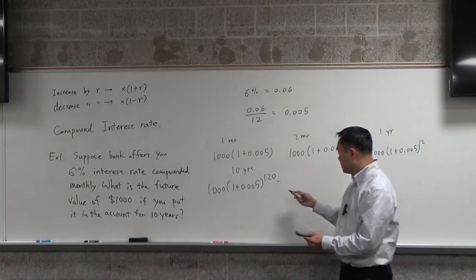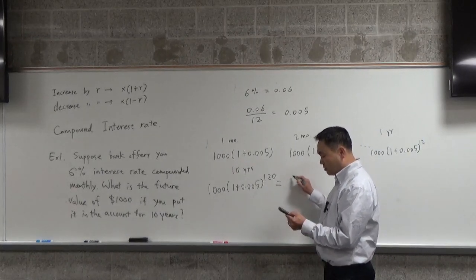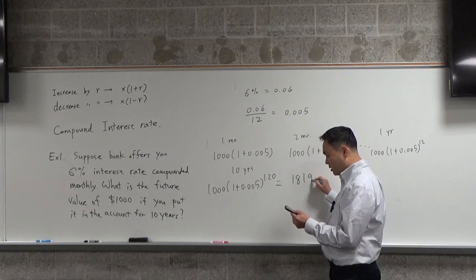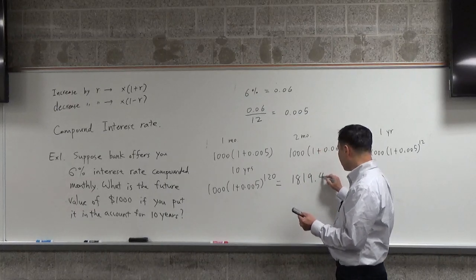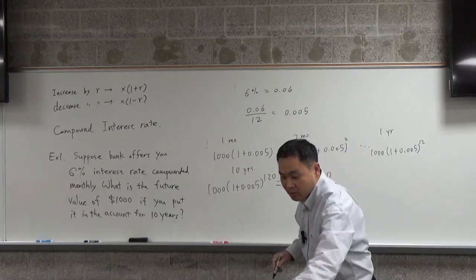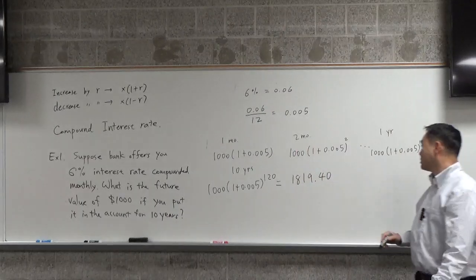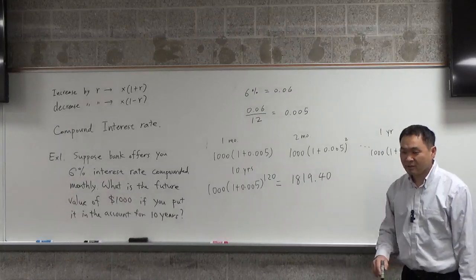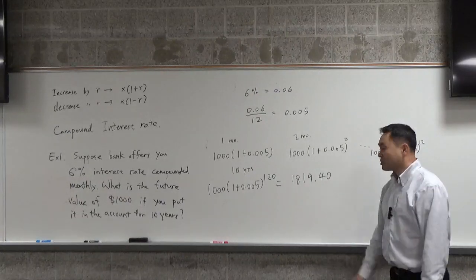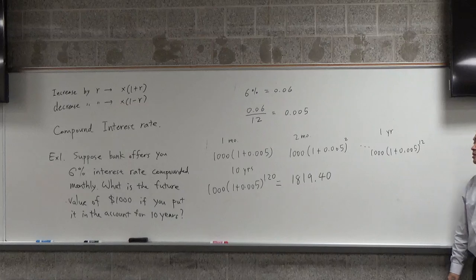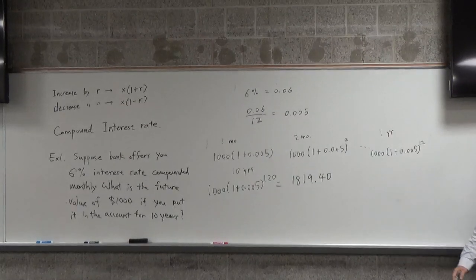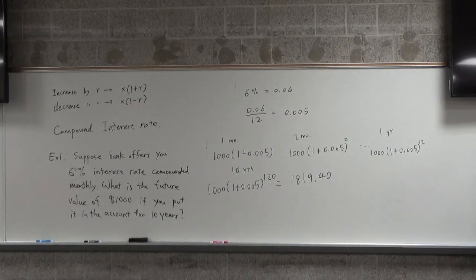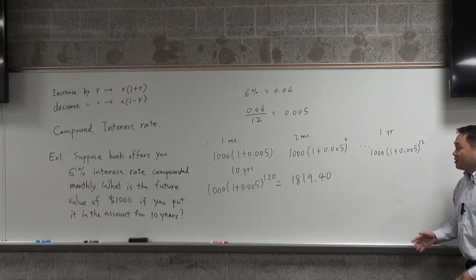And you get the value as 1819.40. I rounded because only the cents matter, right? I think banks usually round down because they don't want to lose money. But anyways, that's how it's going to work.